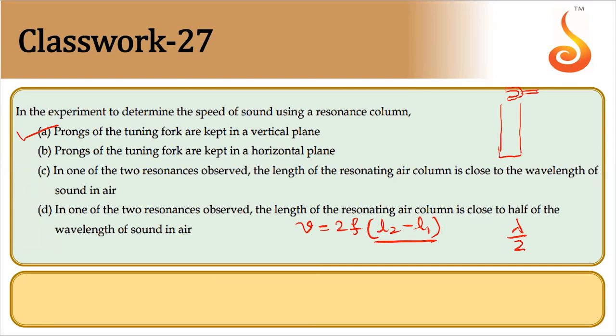So L2 minus L1 should be roughly lambda by 2. But here what they have given is that one of the two resonating lengths is equal to lambda by 2. So this is also wrong. And of course, if it is in vertical plane, it cannot be in horizontal plane. So it should be option A. Prongs should be held vertical.